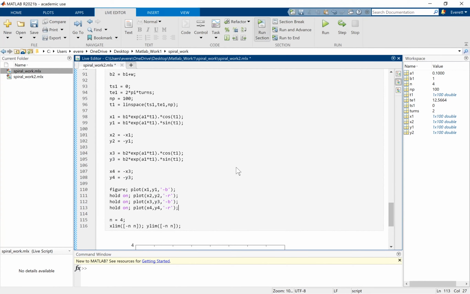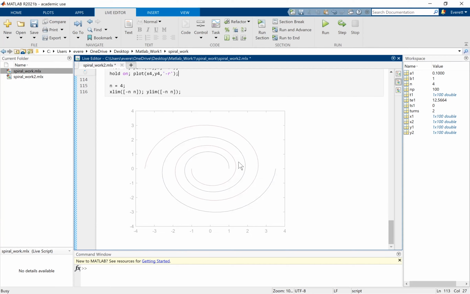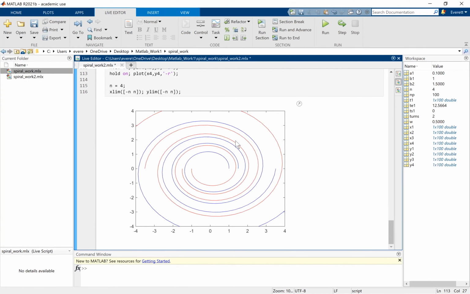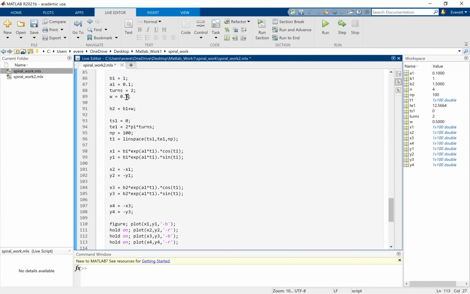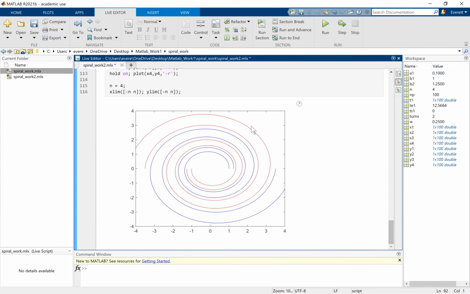And let's see how this looks. Okay, so it looks kind of crazy right now, but that's just because we have some overlap. So let's decrease our width here. Let's make this 0.25 right now. And now when we do that, we can see our spiral arms coming into play here. We can see we have an initial distance, we have our initial width, and we have our spiral arms just growing outwards here.